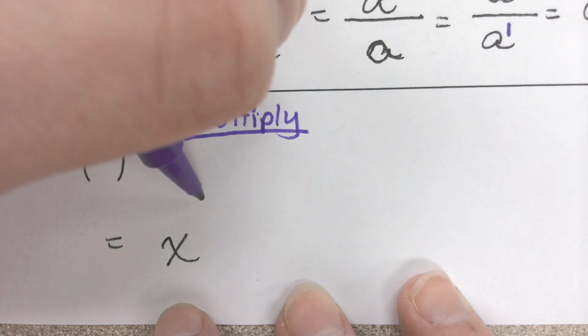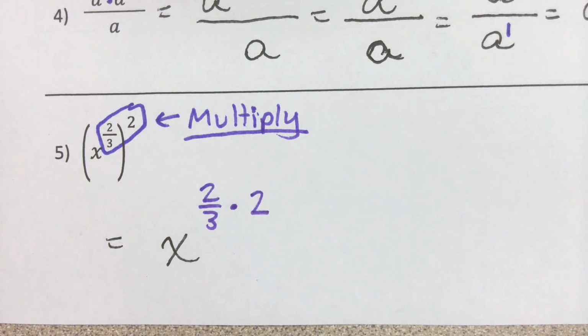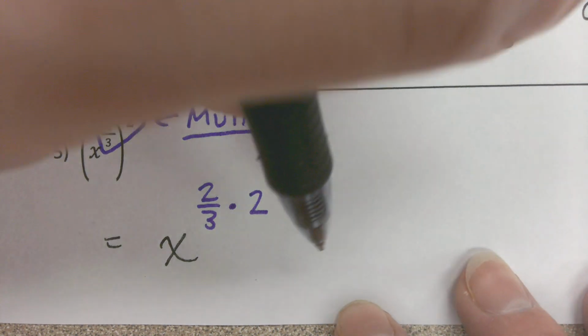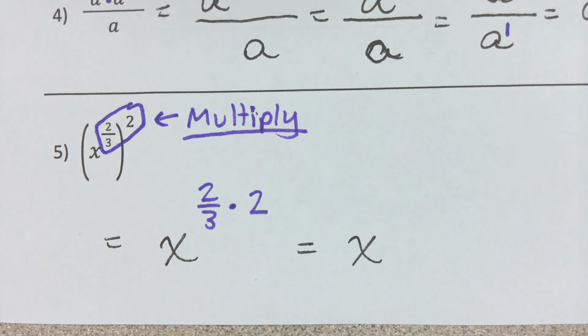X to the 2/3 times 2. Again, I'll be putting this into the calculator, so if you'd like to turn that 2 into 2 over 1, you may, but there's really no point to it.